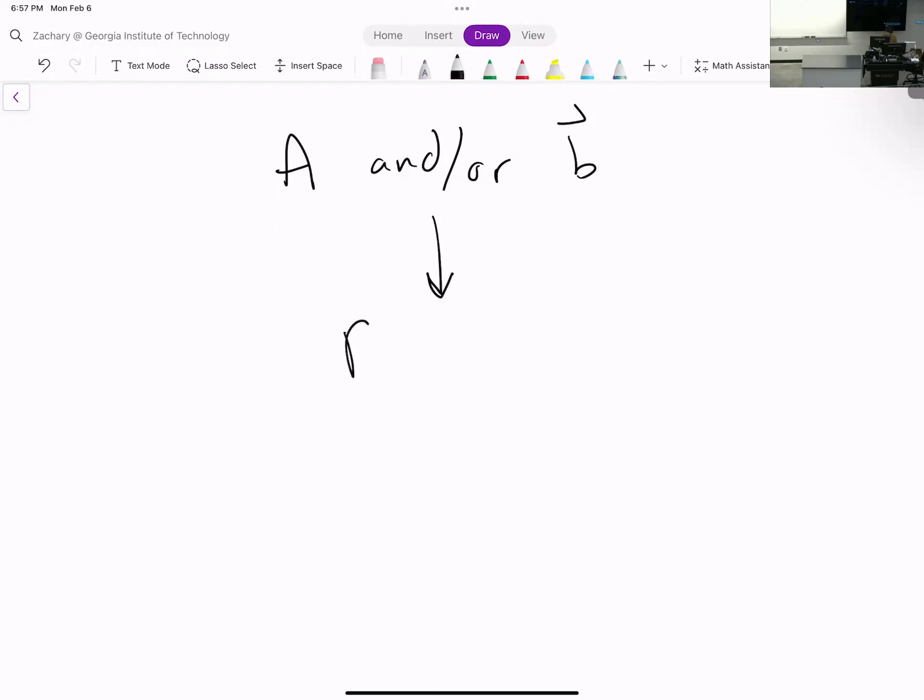Step 1 is always reduced row echelon form. Always, or at least 95% of the time, but particularly for your first exam, okay? This is how we set up for both span and solution set questions, all right? From here, we split off. We're going to talk about span, and we're going to talk about solution set, okay?